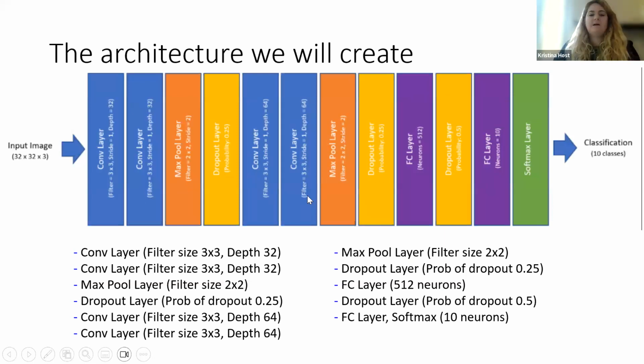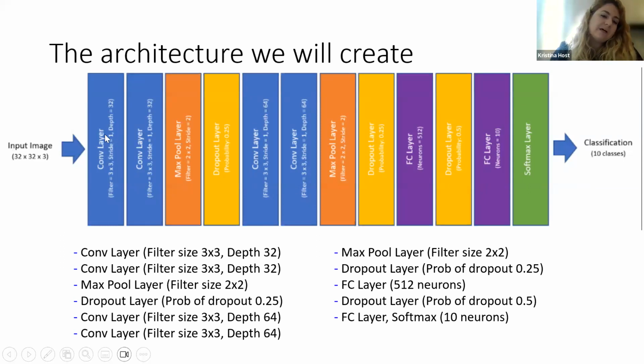Okay, this is the architecture we will create. We will create 2 convolutional layers that have 32 filters of size 3 by 3.